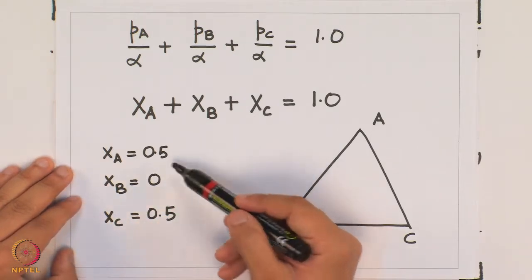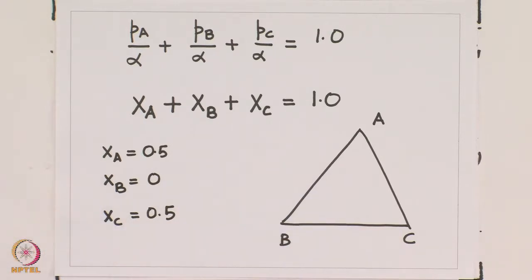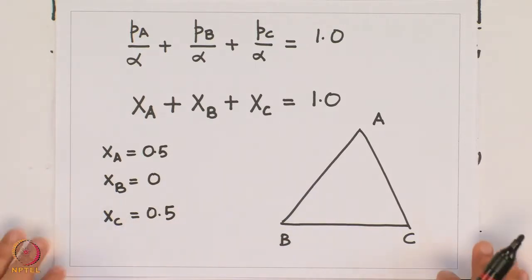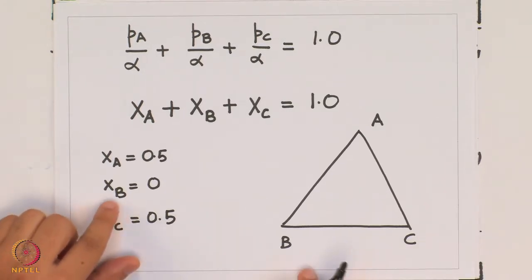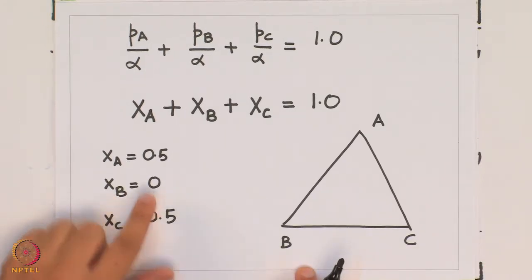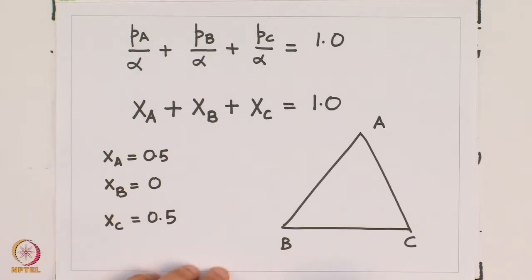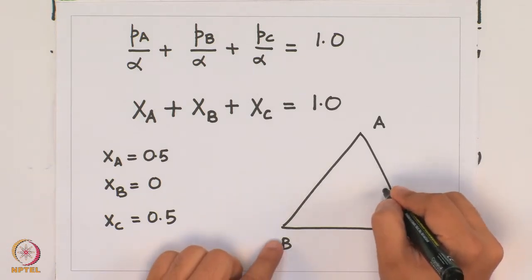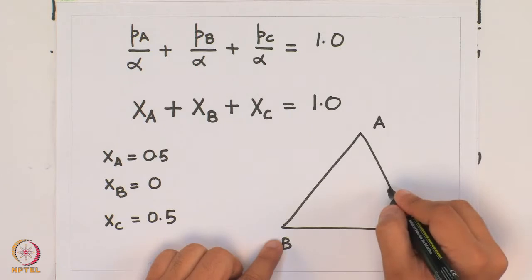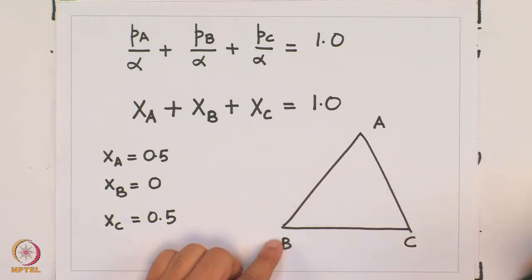So, you should check that XA plus XB plus XC is equal to 1. And how do we represent this point? The way to do that is, we know that XB is equal to 0. That means I want to locate a point P such that the perpendicular to the side which is opposite to vertex B, its length is equal to 0.